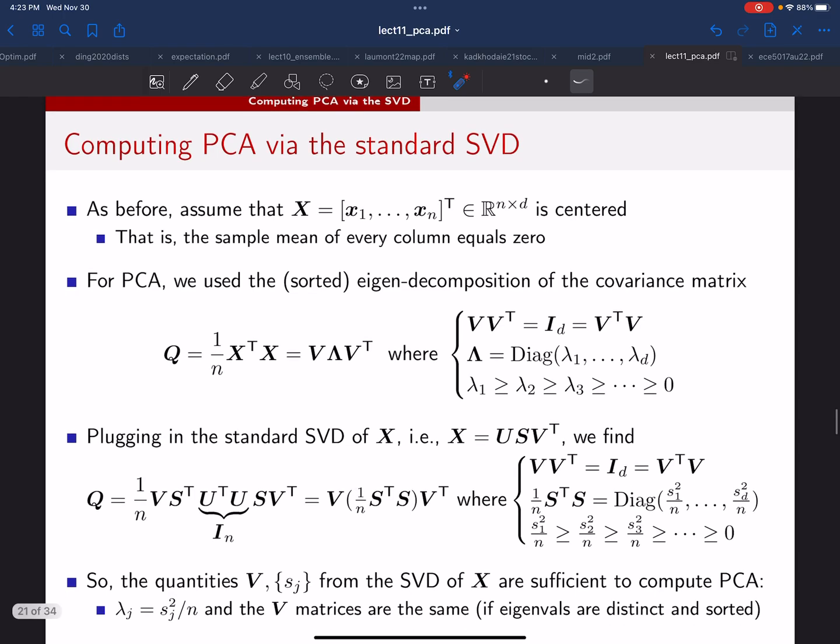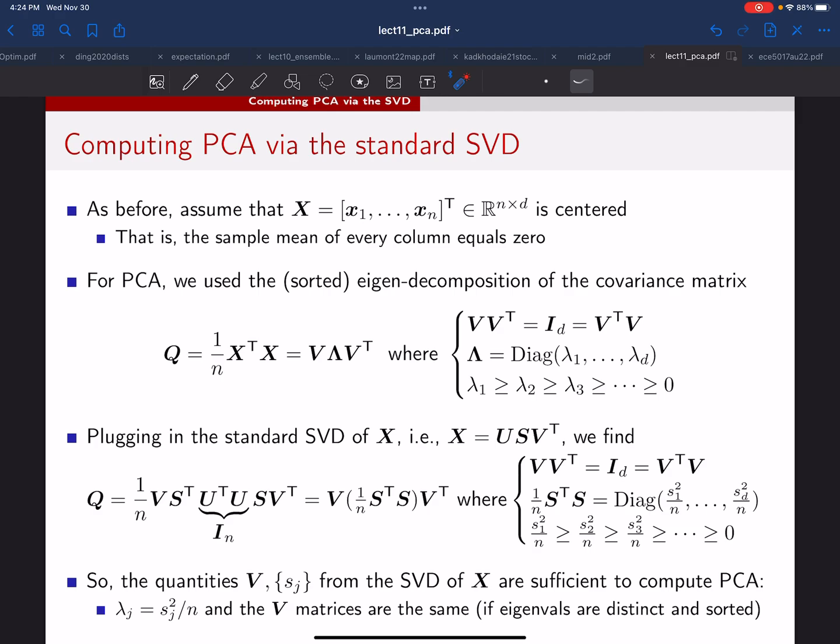Okay, so thinking back to PCA, the way that we described it before, we have this sample covariance matrix, and if you have it, you could then do an eigendecomposition of it. When you look at this eigendecomposition, it looks very similar to the SVD that we had on the previous page. And we can compare them directly.